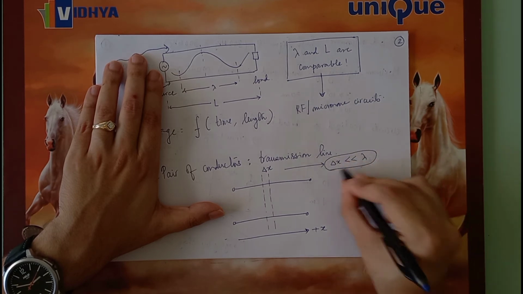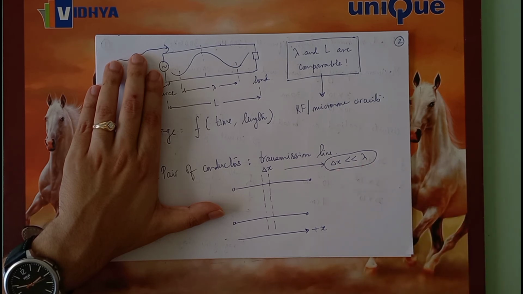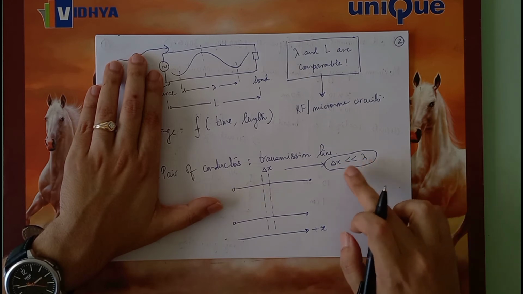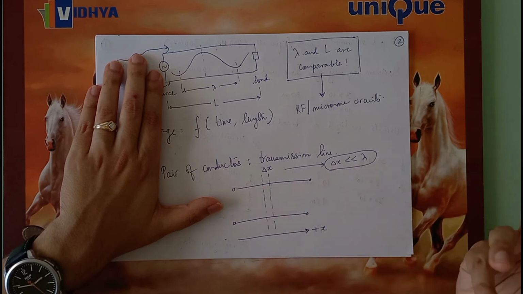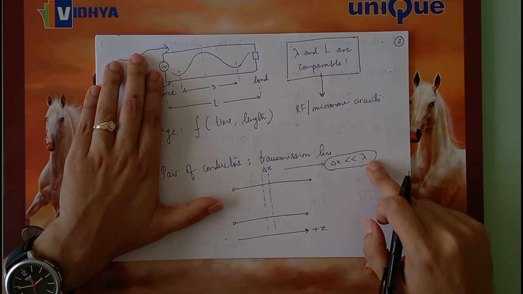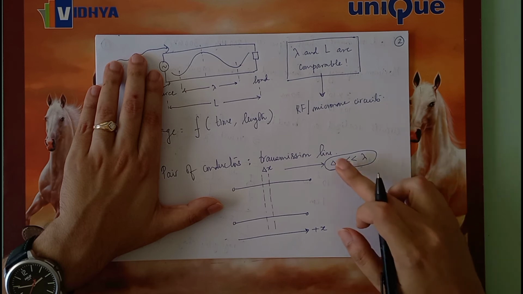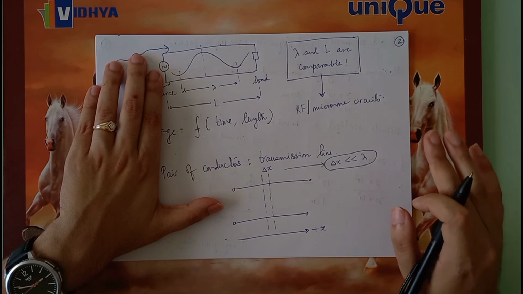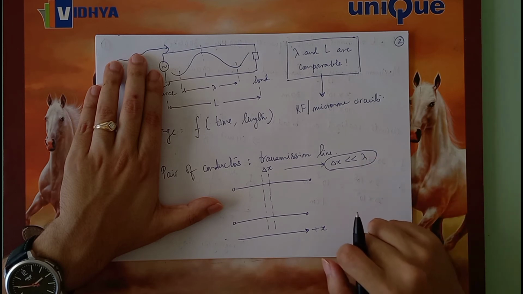So the question now is, how small should this delta x be so as to consider that this distance is indeed sufficiently small? Well, there is no single answer for this. Some people say there should be a factor of 1 by 100 compared to the wavelength. Some people say 1 by 1000, and they're right. The smaller it is as a factor of lambda, the more solid our assumption will be that delta x is much, much smaller than the wavelength.